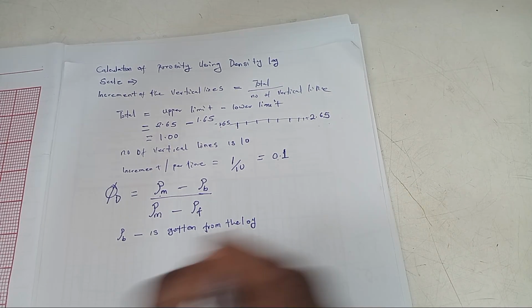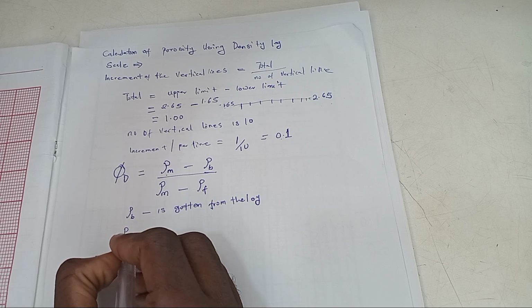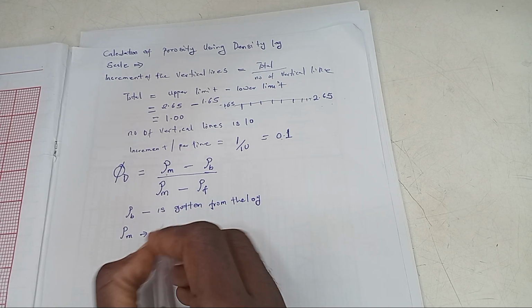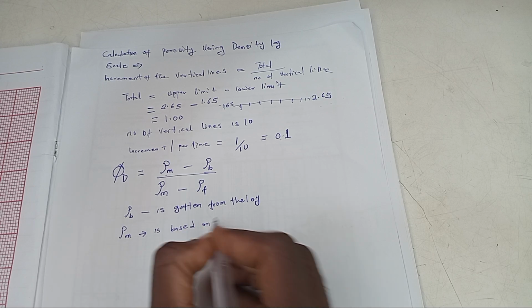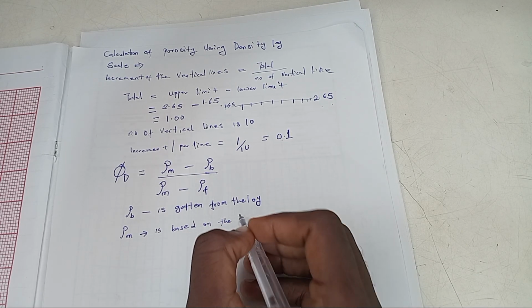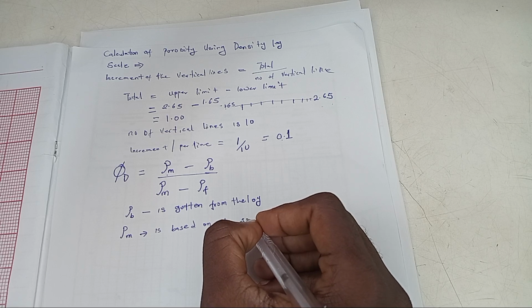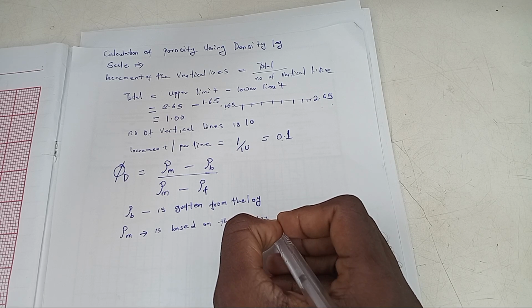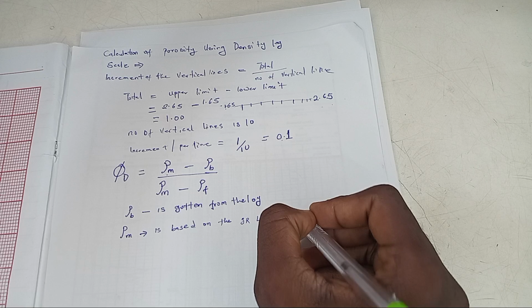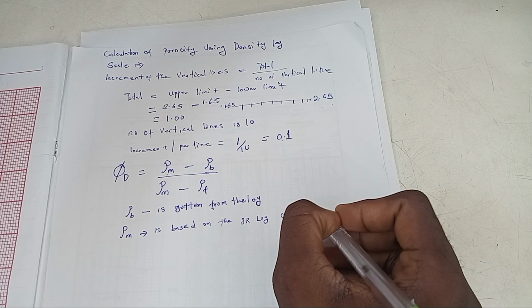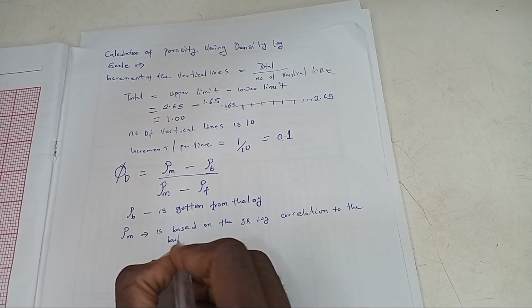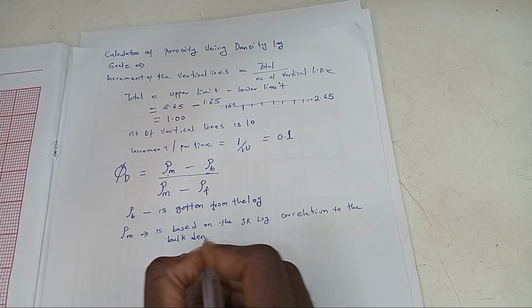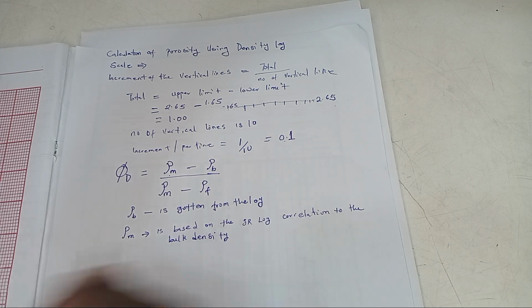Density of matrix is based on the GR log correlation to the bulk density. I'll explain all of this, okay?